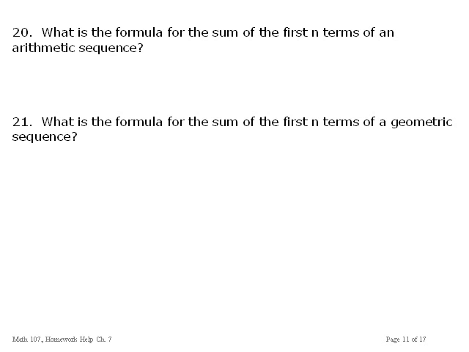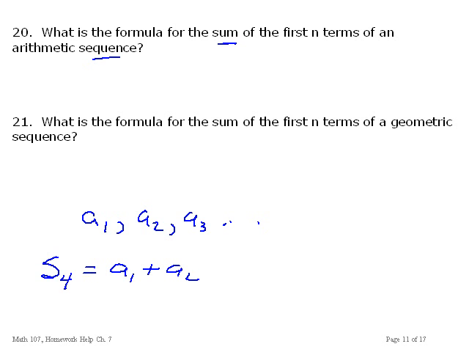Now we're talking about the series, the sum over a sequence. That means if your sequence looked like this, A1, A2, A3, on and on, the sum for the first 4 terms would be, just add them up, A1, A2, A3, and A4.